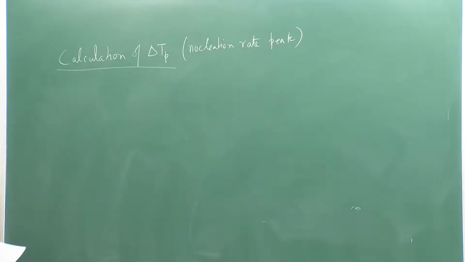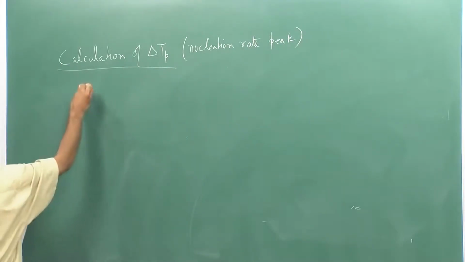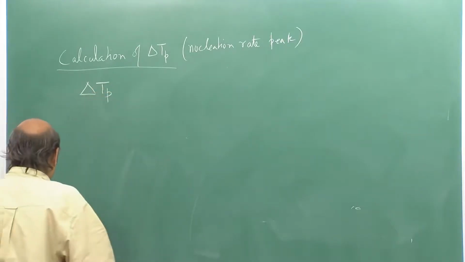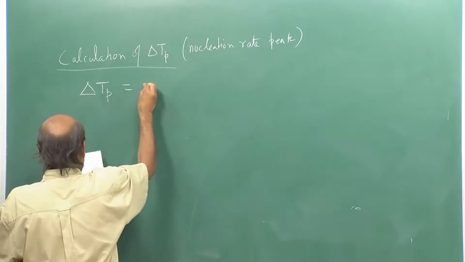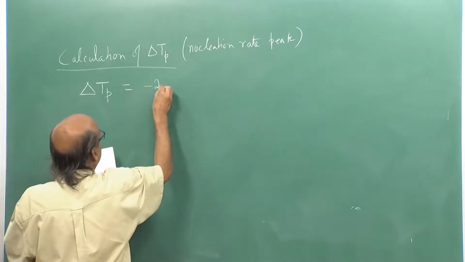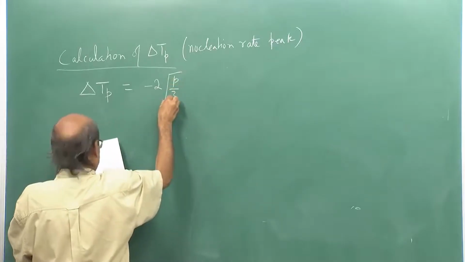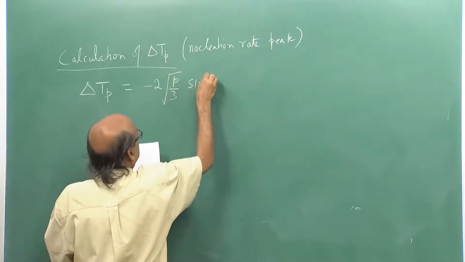So if I do this, delta T sub P can be written as minus 2 square root of P by 3 sinh.